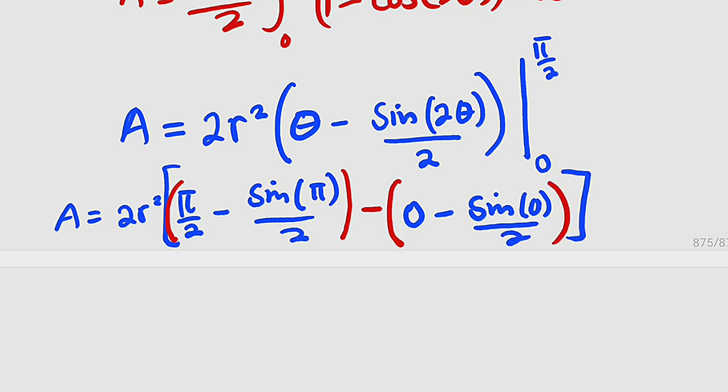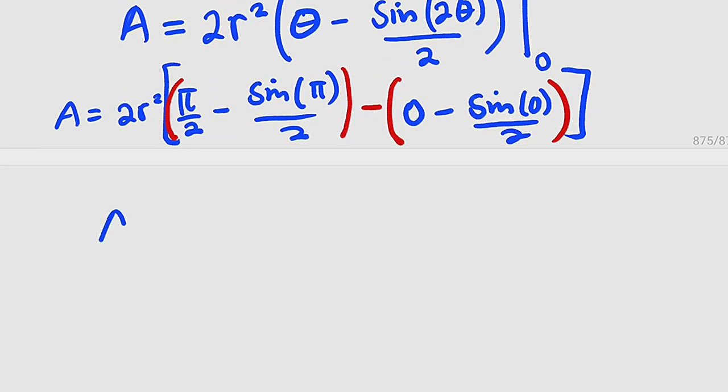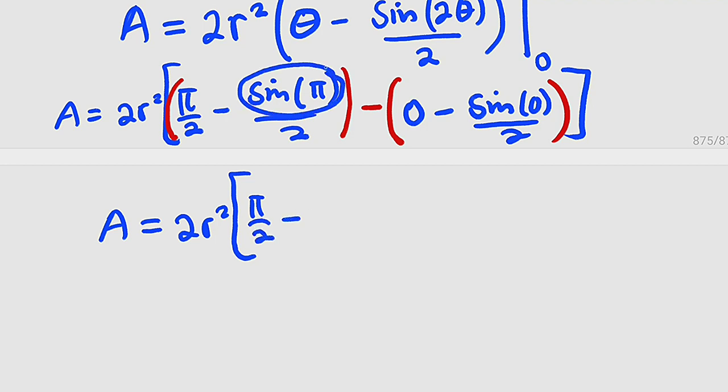All we have to do is to simplify and get our final answer. So A is now equal to 2r squared multiplied by pi divided by 2 minus, what is sine of pi? Remember that pi is 180 degrees. Sine of 180 degrees is 0.